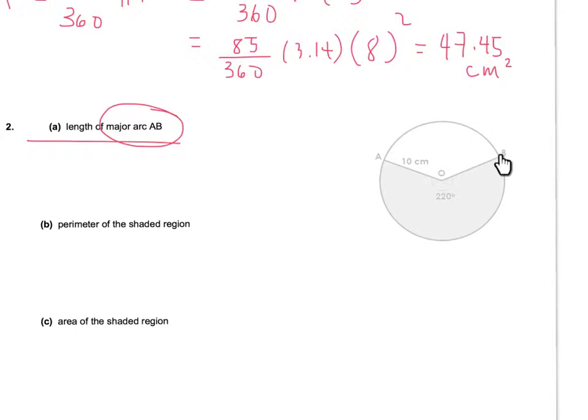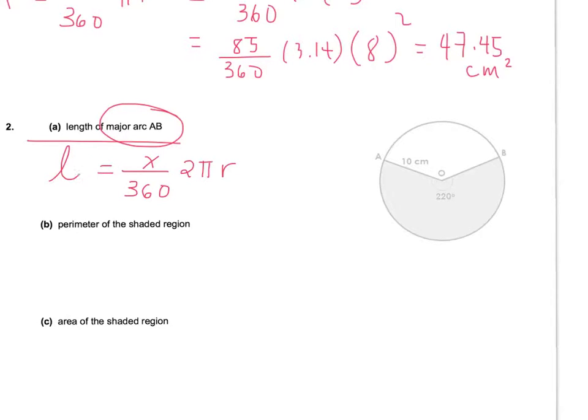Same formula will be used. So this will be x over 360 times 2 pi r. Every time you look for the length of the arc, it should be 2 pi r. Area is pi r squared.